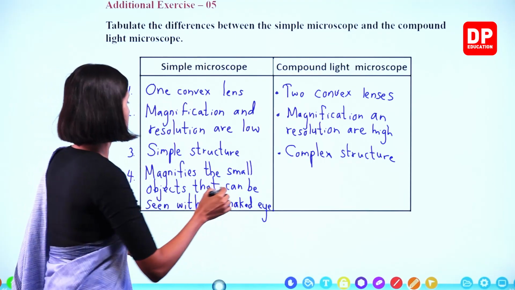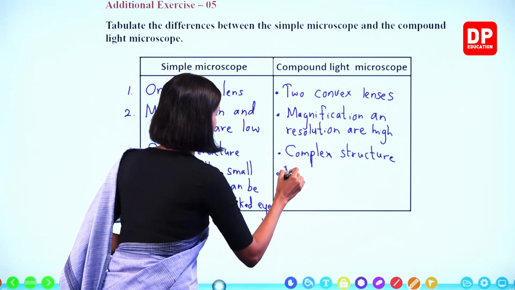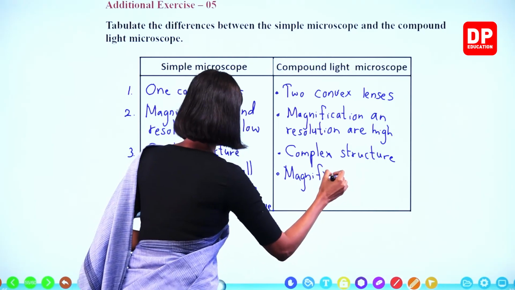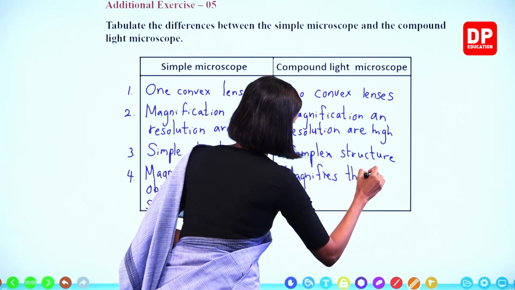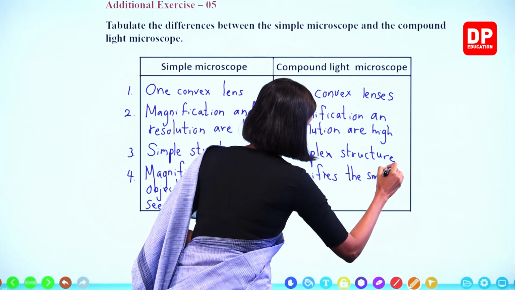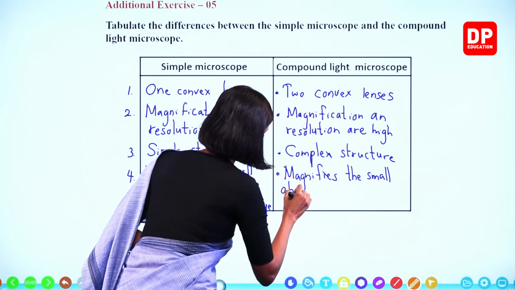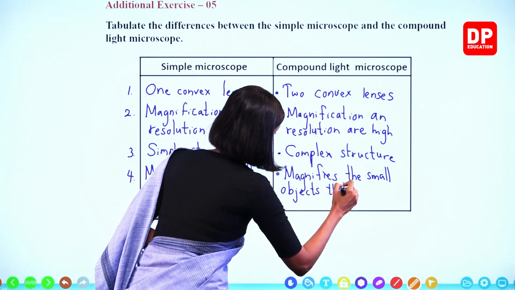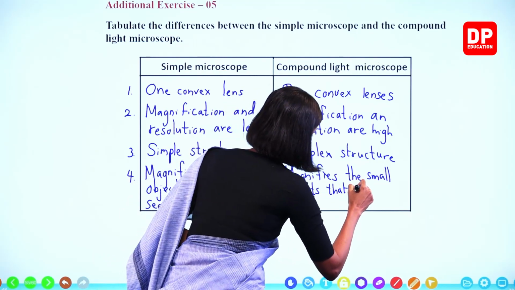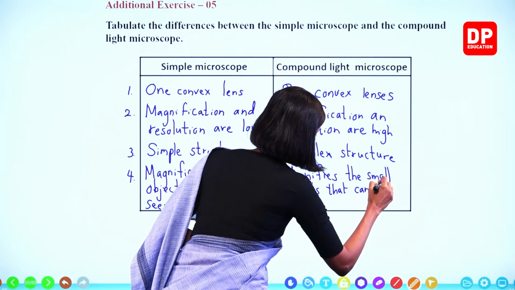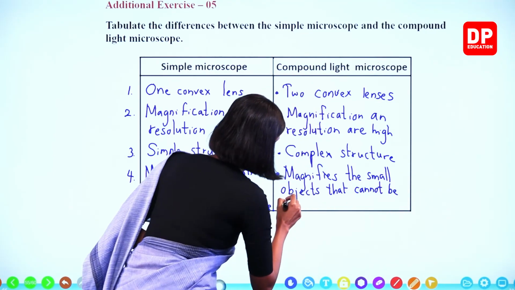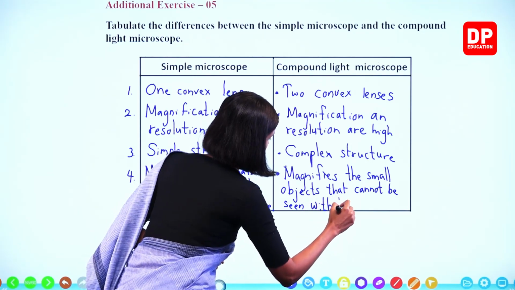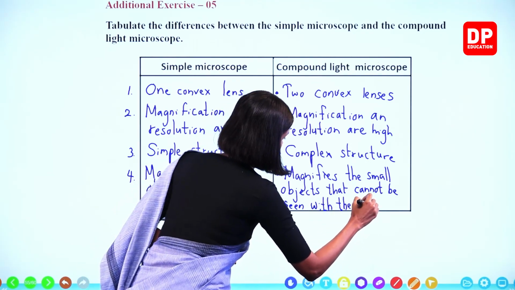Here, magnifies the small object that cannot be seen with the naked eye, which means the microorganisms.